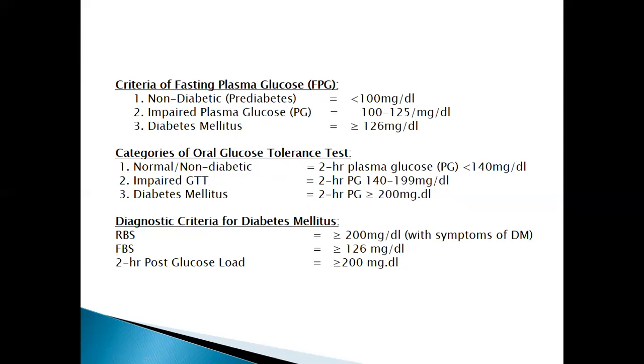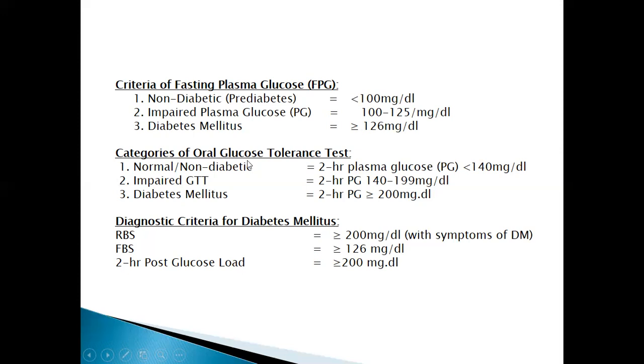For patients with impaired plasma glucose, we advise lifestyle modifications. Whereas for patients with 126 or more, we advise the patient to start taking oral medications.